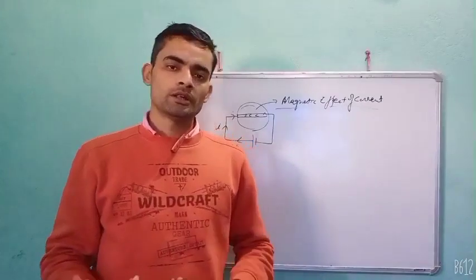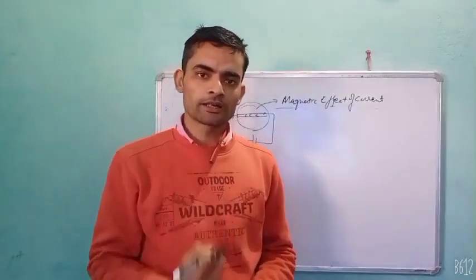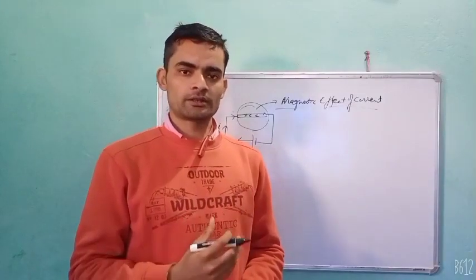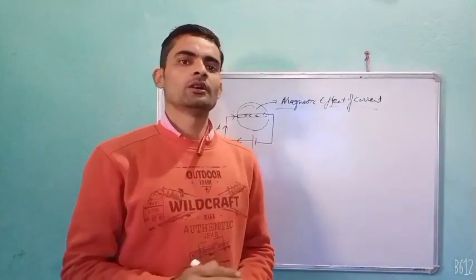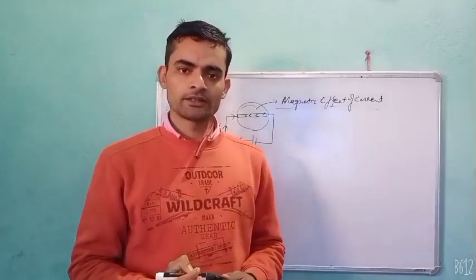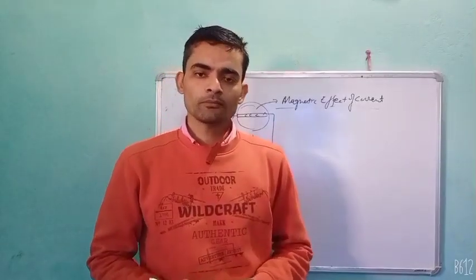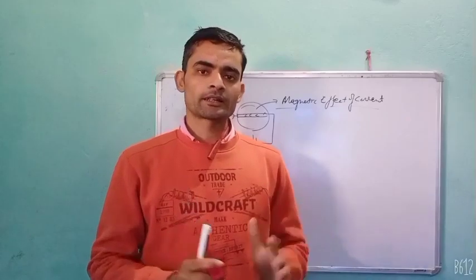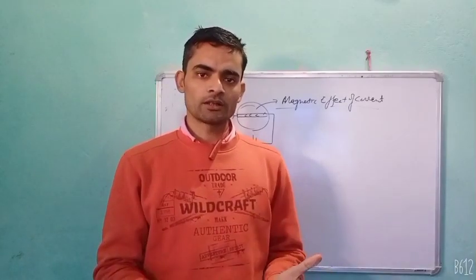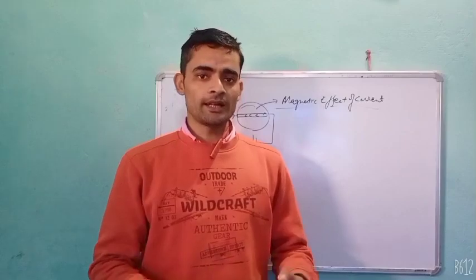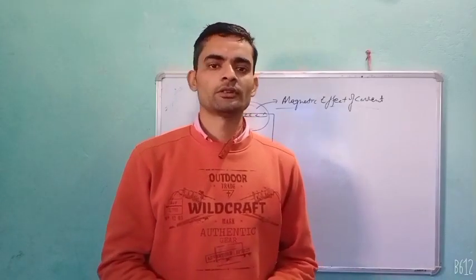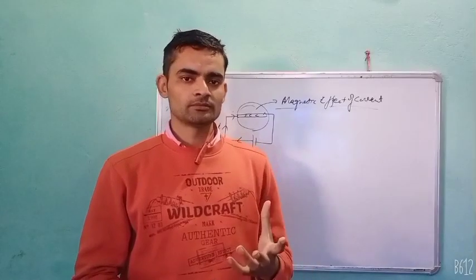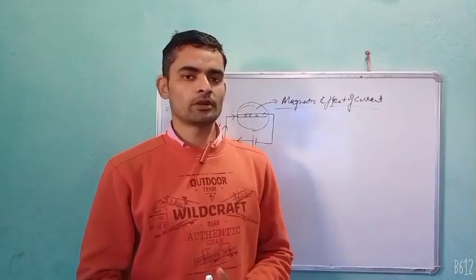But now we are going to study how we can find an electric current with the help of a magnetic field. It is just the reverse of the magnetic effect of electric current. So there is a basic difference between both things.